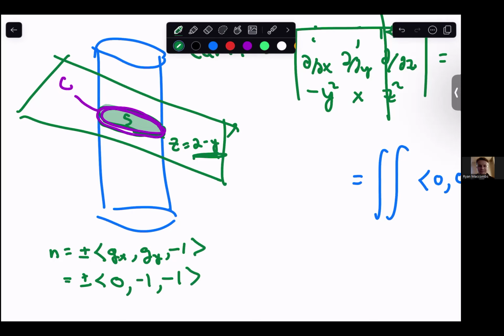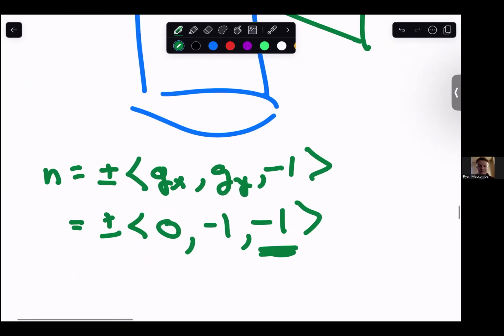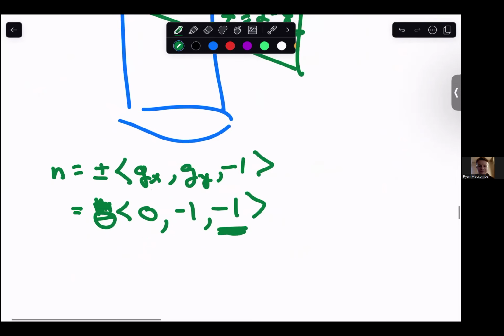Now, if we want this positively oriented, that means our normal vector should be upward pointing. The fact that I have a negative z coordinate here means that this is not upward pointing. So in order to get that, I'm going to choose this extra negative sign and distribute that to each piece. And that's going to give me 0, 1, 1.